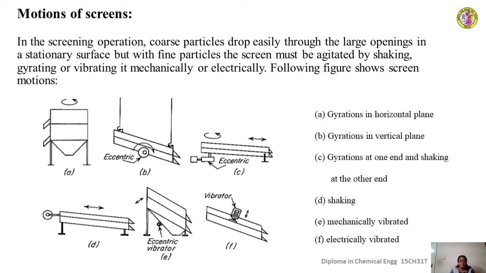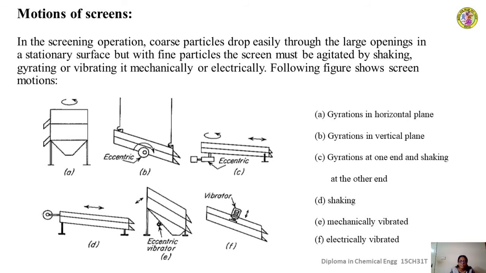The fifth diagram, E, shows the vibrating action. Here, mechanical vibrations are given by incorporating an eccentric, which conveys the vibrating action to the screen. Then, an electrically vibrated screen is shown in the last diagram.